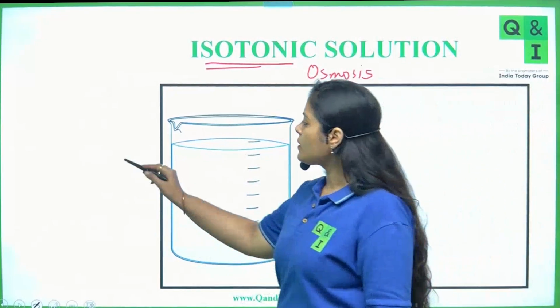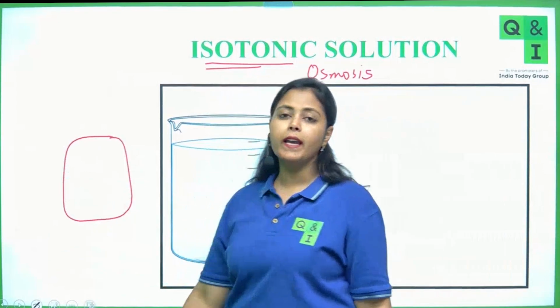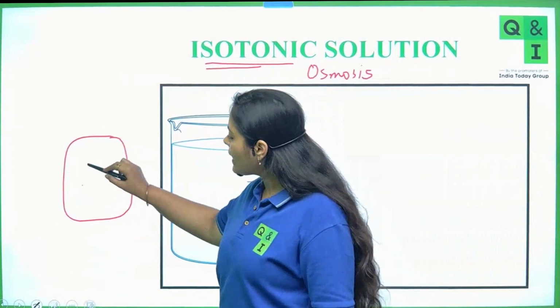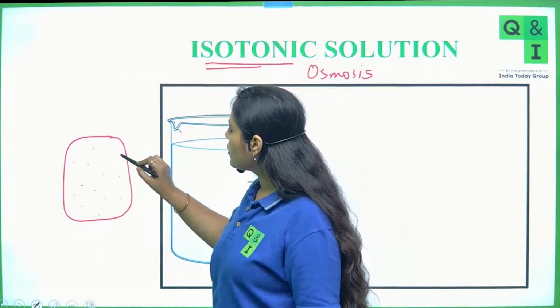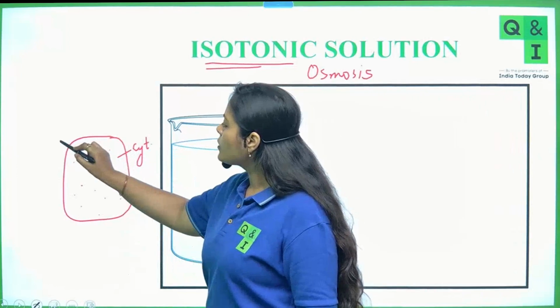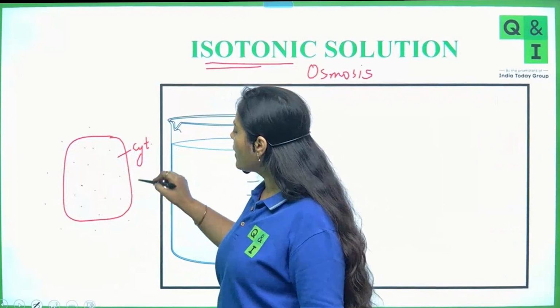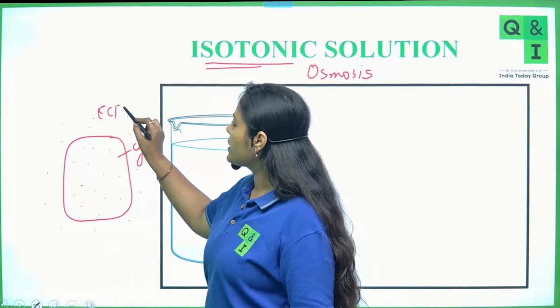Now, see, suppose you have a cell with you. This is a cell. Okay. Inside the cell, there is cytoplasm present. So this would be cytoplasm. And outside the cell, you again have extracellular fluid present.